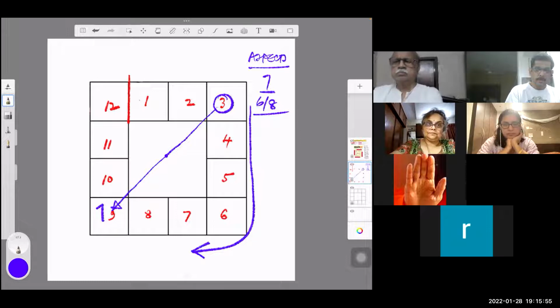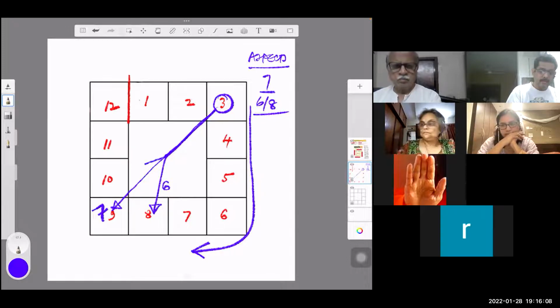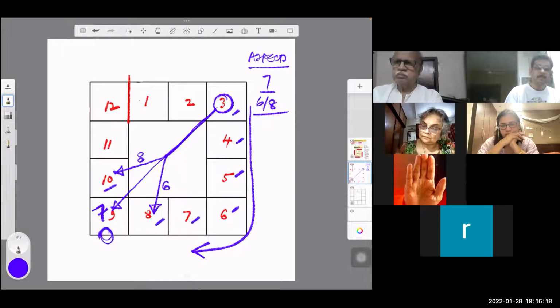And we also remember that we are going in the anti-clockwise direction. So visually what you need to train your eyes is, if the arrow goes here and it diverts to the left, this becomes the 6th aspect. If it goes to the center and diverts to the right, this becomes the 8th aspect. If you count 1, 2, 3, 4, 5, 6, 7, 8, correct?